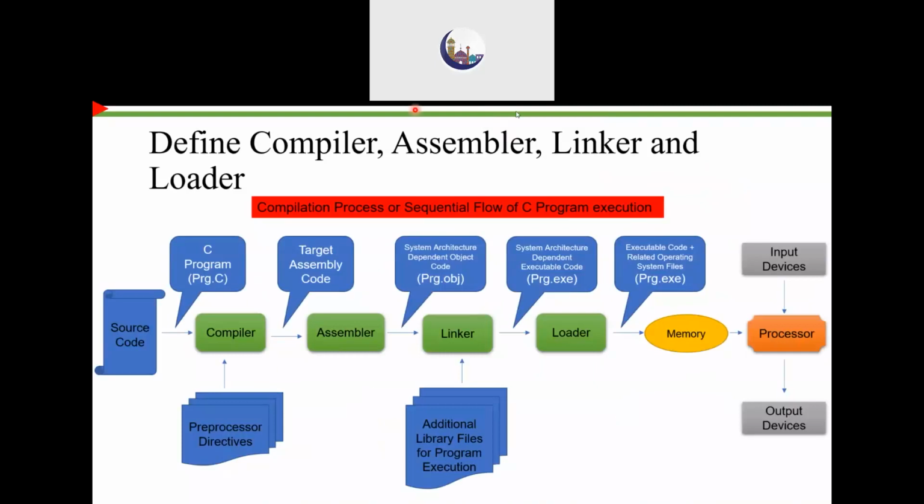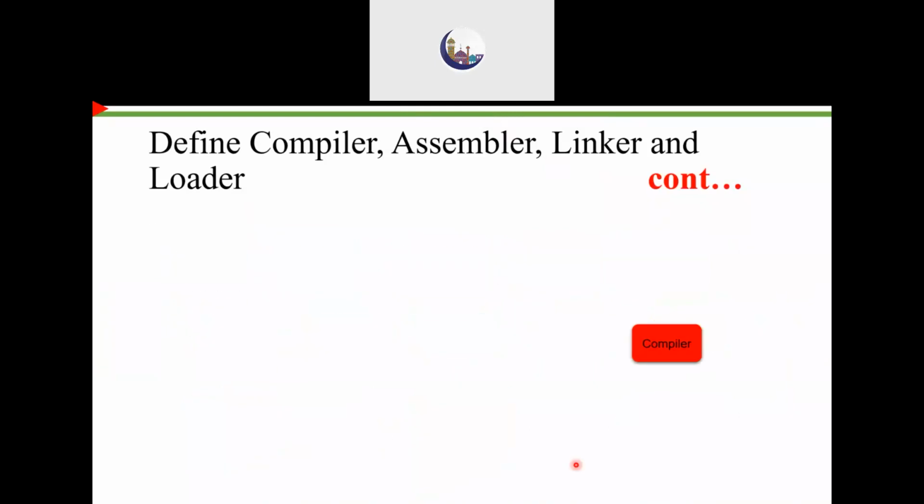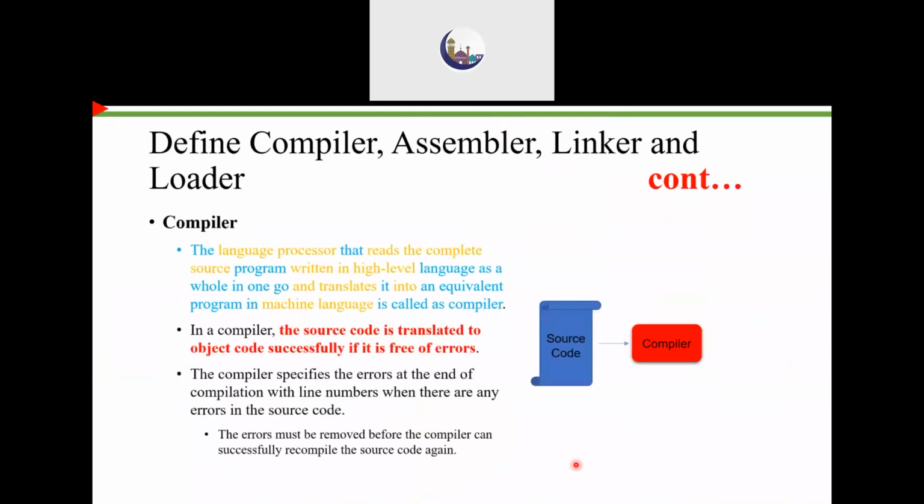Sir, what do we have to submit for the assignment? You have to draw this particular diagram in your class notes and read it along with the next slides which we have discussed now. Because whatever I have explained is not written in this particular diagram.